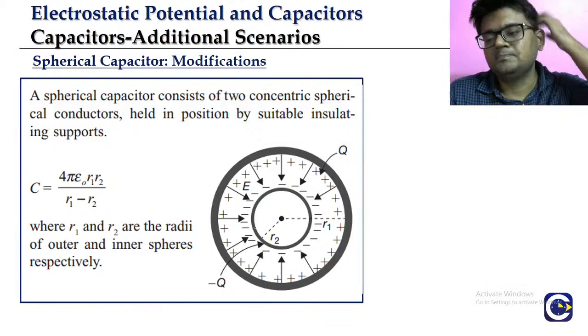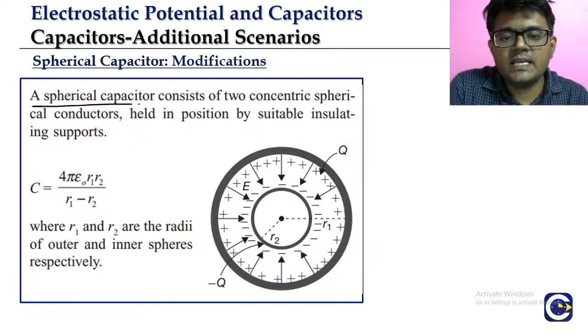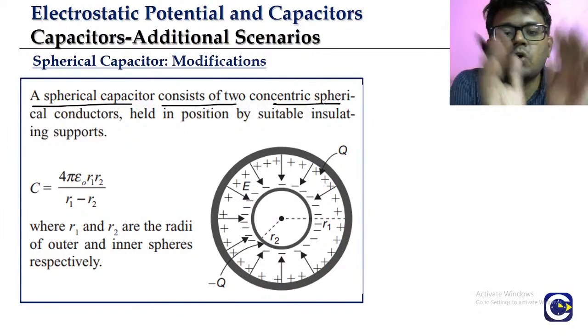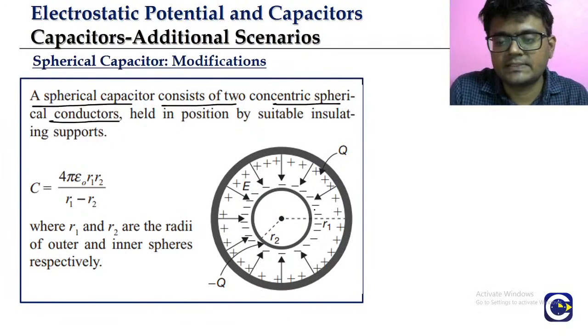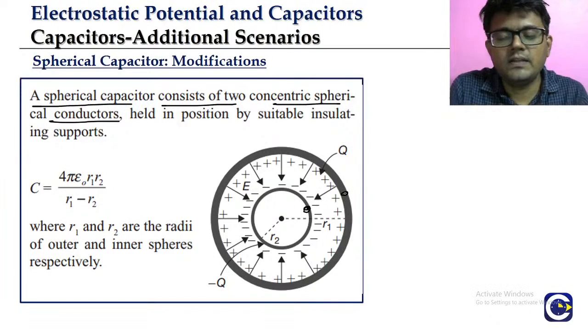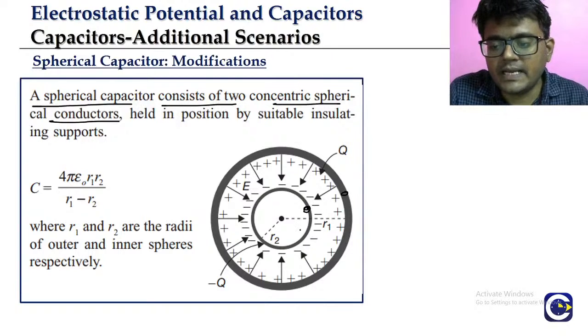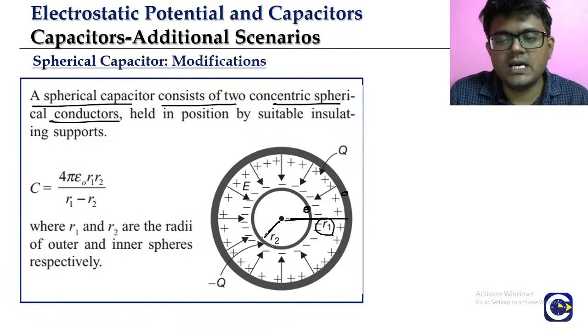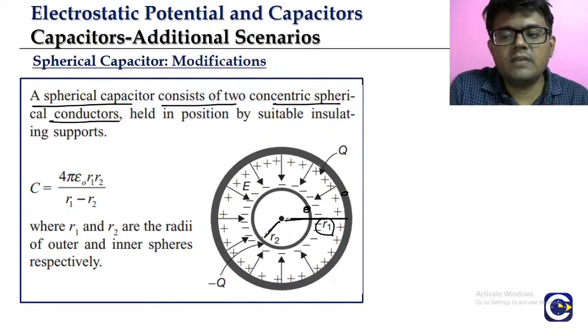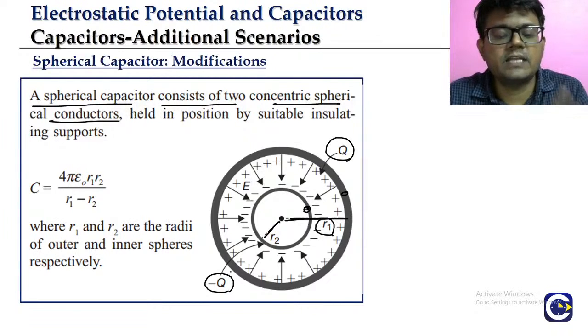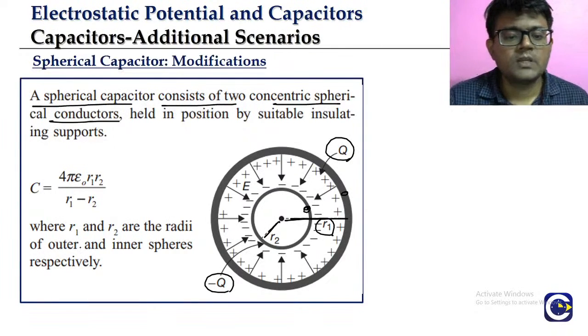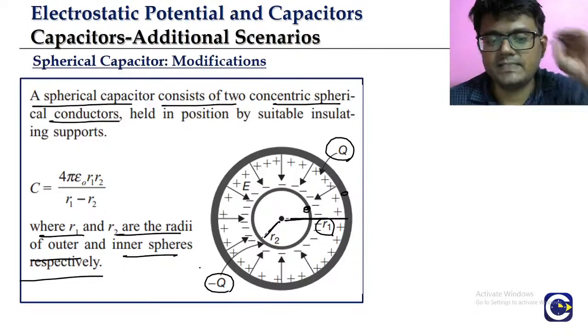There is a spherical capacitor consisting of two concentric spherical conductors. Outside we have one, inside another, two concentric. Look here, the outer radius is R1, the inner radius is R2. On the outer one we give a charge Q, on the inner one we have a charge minus Q. R1 and R2 are the radii of the outer and inner spheres.